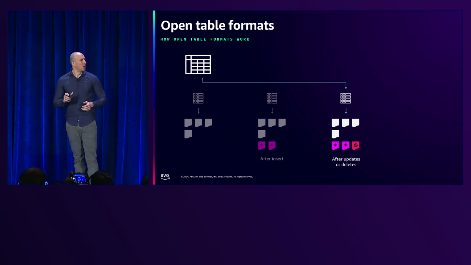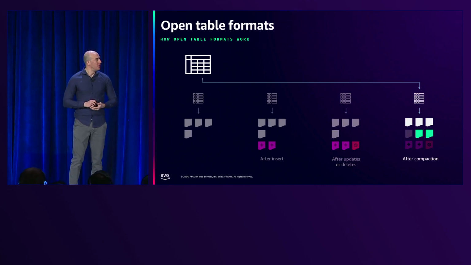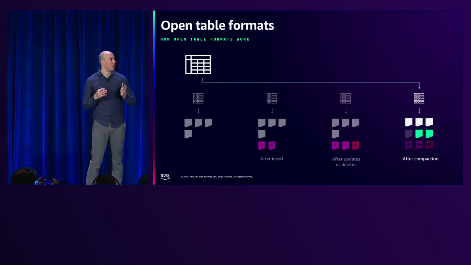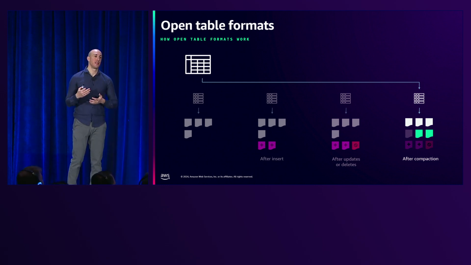Finally, open table format provides a function called compaction, where it compacts the existing objects with the new ones and creates new ones as needed.